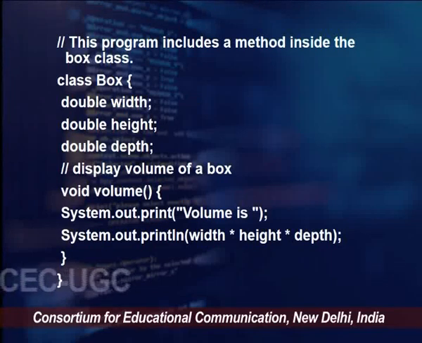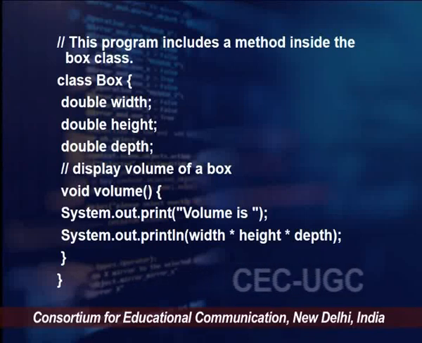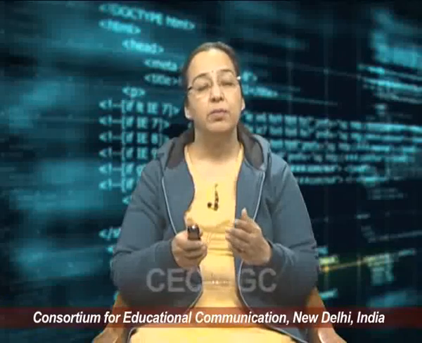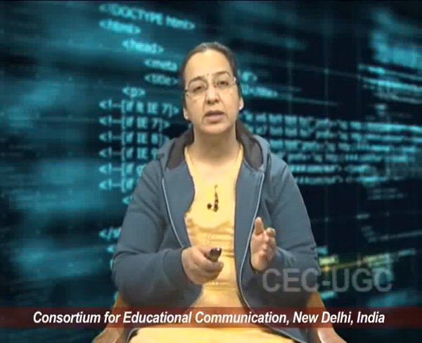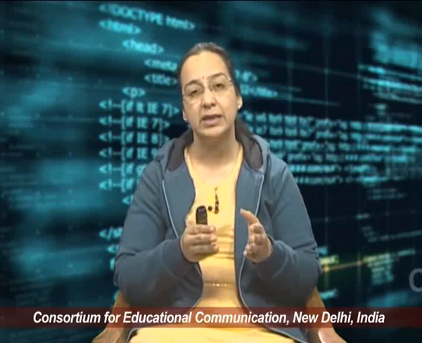That means whoever is going to call volume will not be providing any values to it, because the parameter list is empty. As far as return is concerned, no value will be returned from volume to the calling function, because the return type is also void. So in terms of variables, at least in this example, there is no exchange of values.